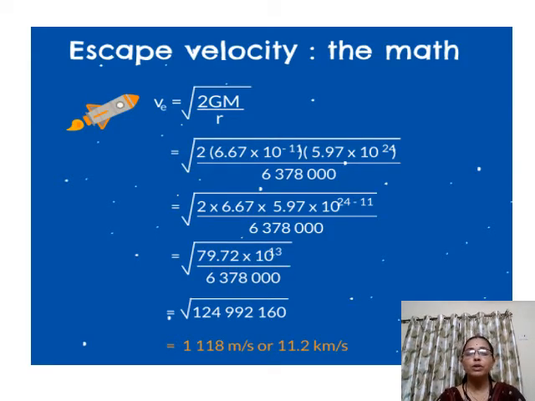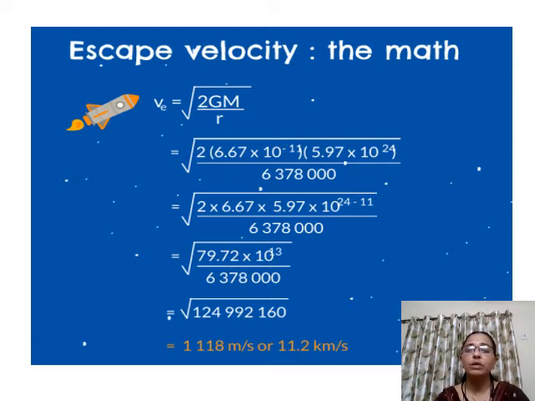Now substituting all these values for our earth, we'll talk about our earth's escape velocity. We know the formula, under root 2GM upon r. We will take this for our earth. The gravitational constant is 6.67 into 10 raised to minus 11.